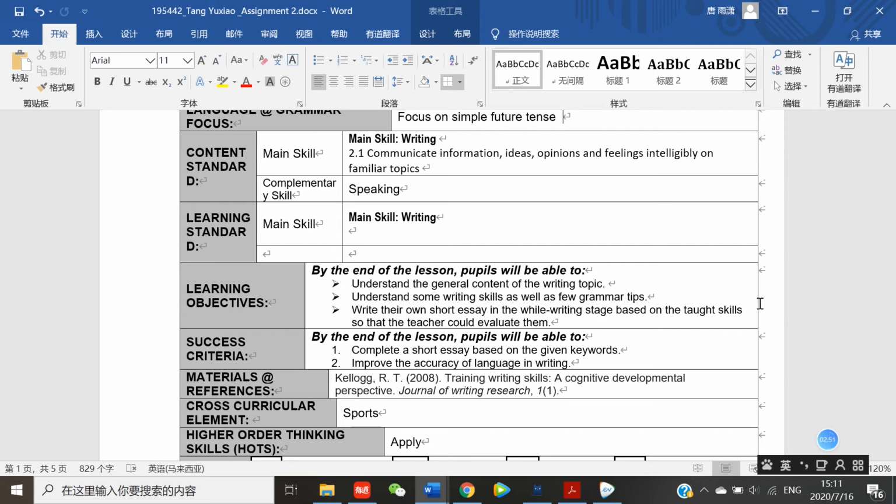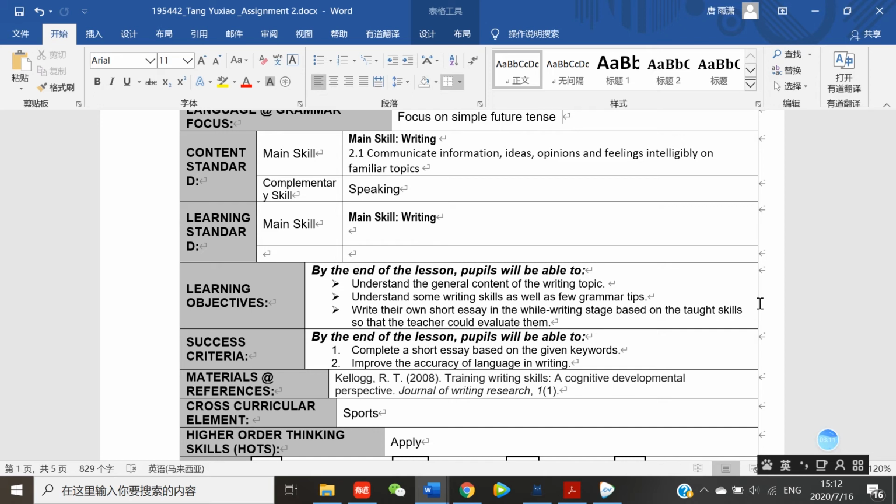Teachers can check their essays to know whether they understand the class or whether they understand what teachers say in the class.